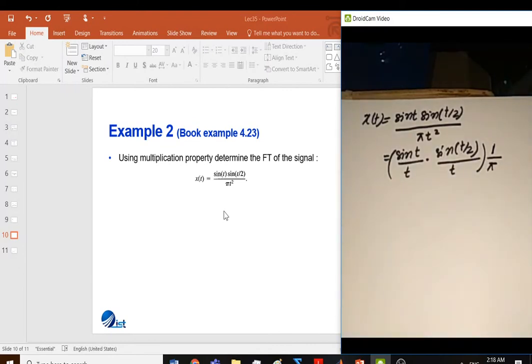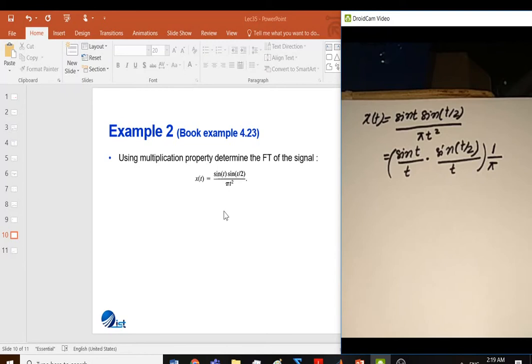Now class, I'll pause here for a second. In your book the sinc is defined as sine of pi t by pi t, and so far I have defined a sinc as sine t by t. Both representations are okay. One is known as the normalized sinc and the other the unnormalized sinc.